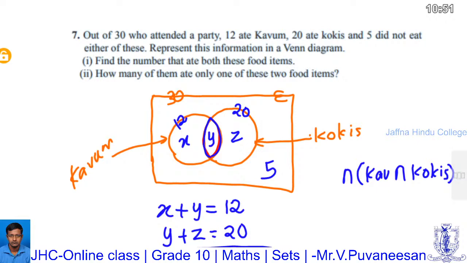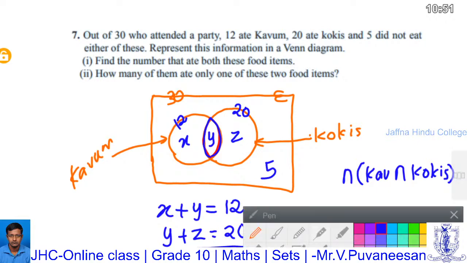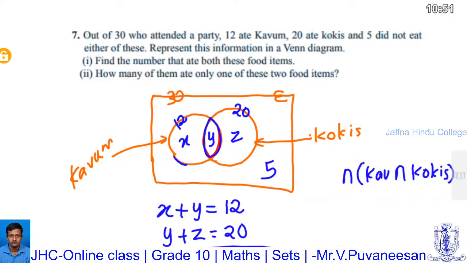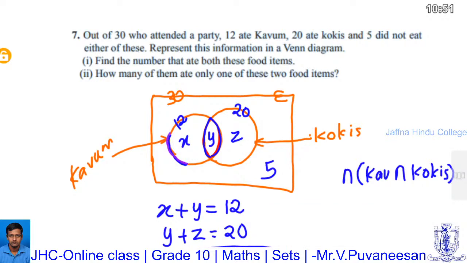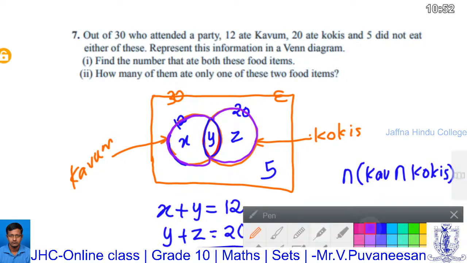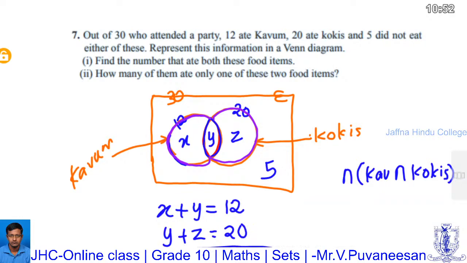So what is the number of attendees belonging to these two circles? x plus y plus z equals 30 minus 5, which is 25.